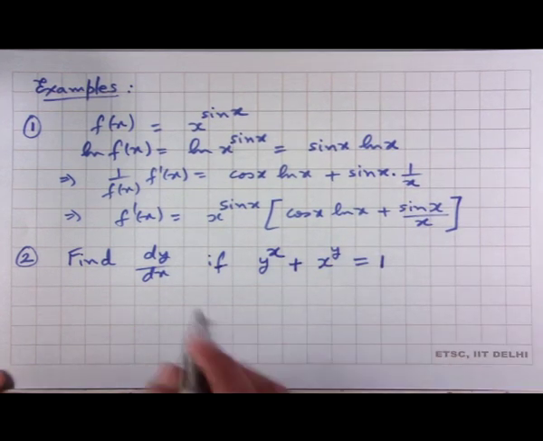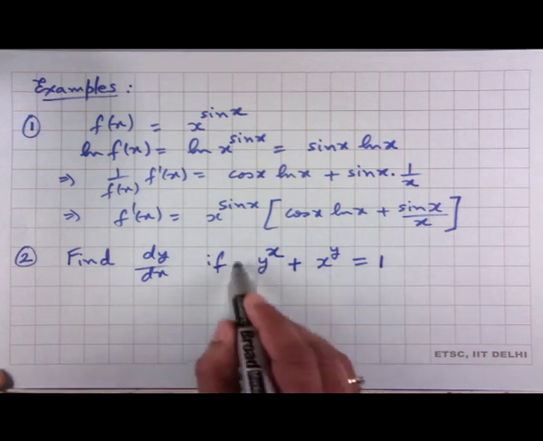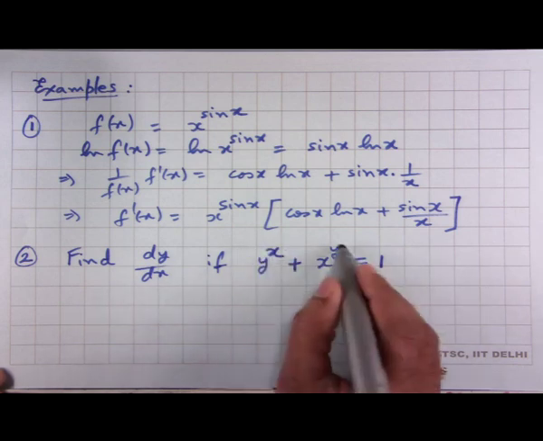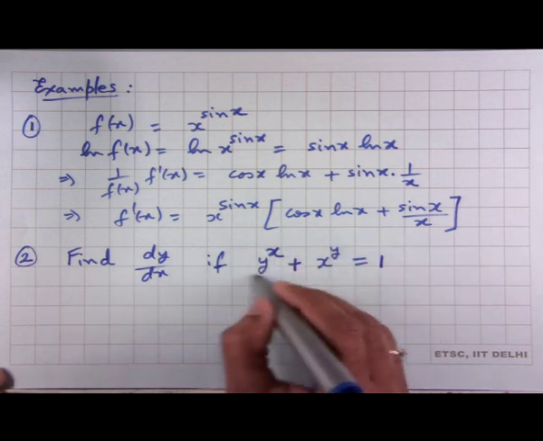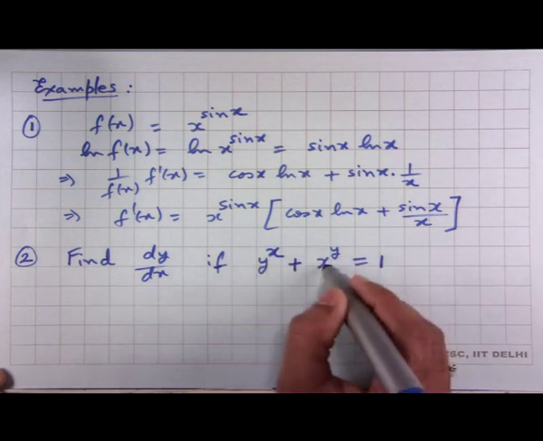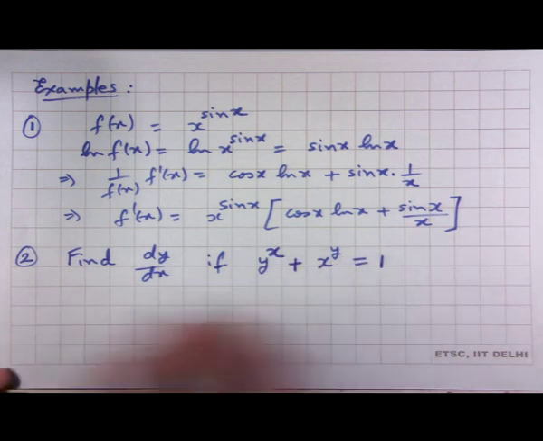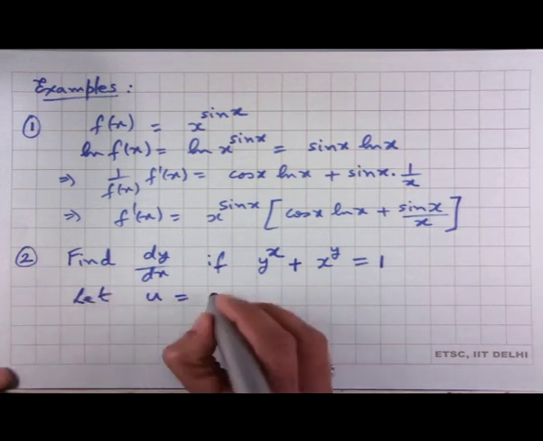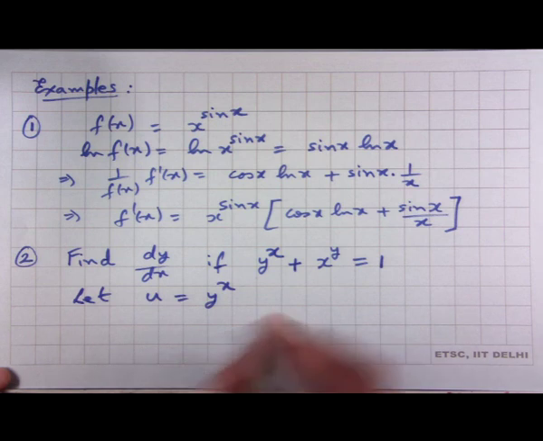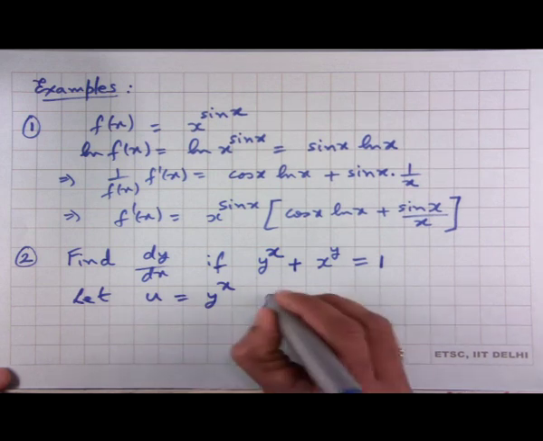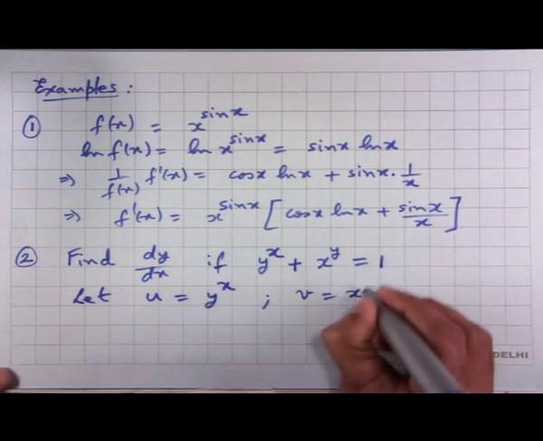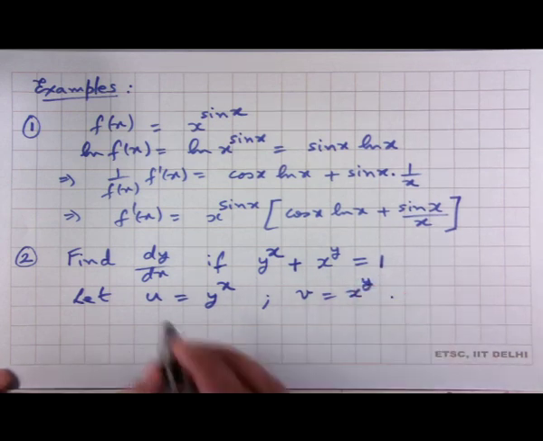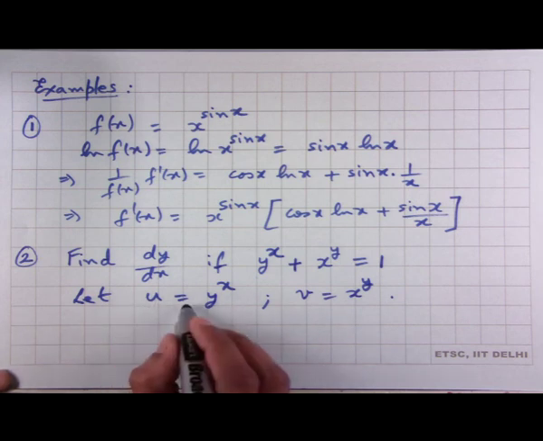So, now here note that we cannot directly take log of this, but separately if you see, these are exponents. So, what we can do is let u be the function y to the x and v be equal to x to the y. Then we can calculate du by dx.